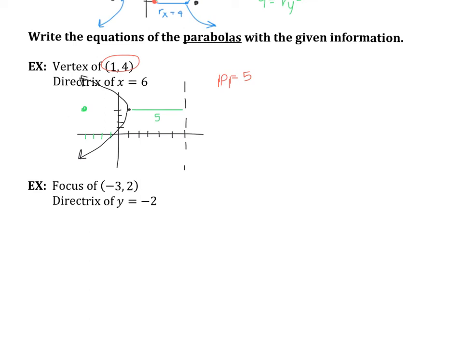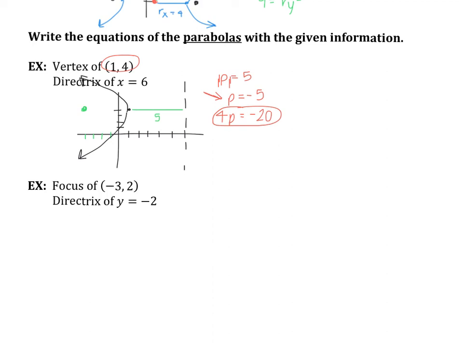So you can really think of it as, okay, p needs to be negative 5. So 4p would really be negative 20. That's important for my equation. Again, we know this because it goes to the left or if it went down.